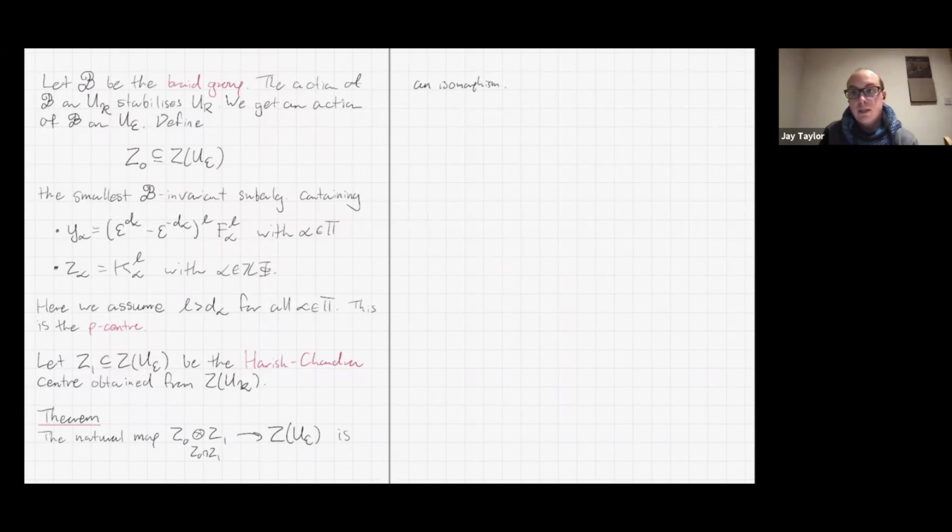Okay, so this is Veldkamp's theorem, that we saw before.